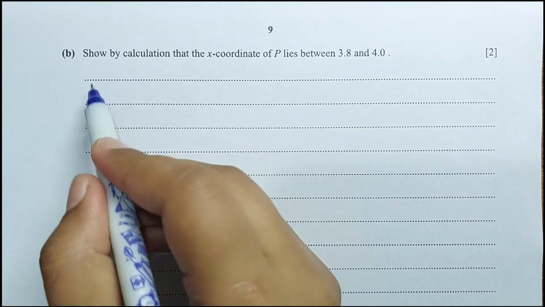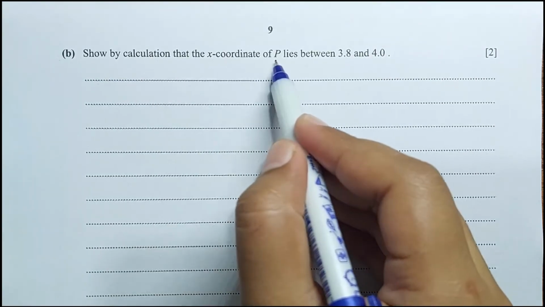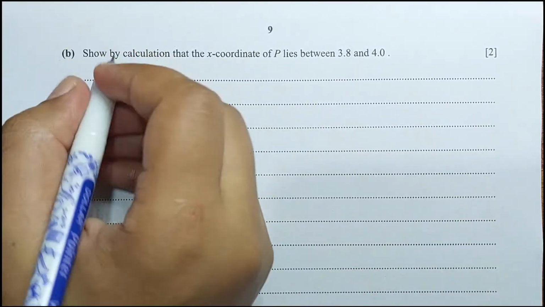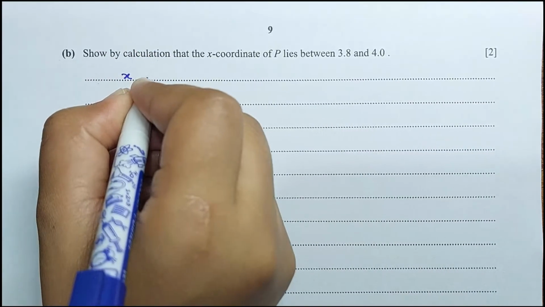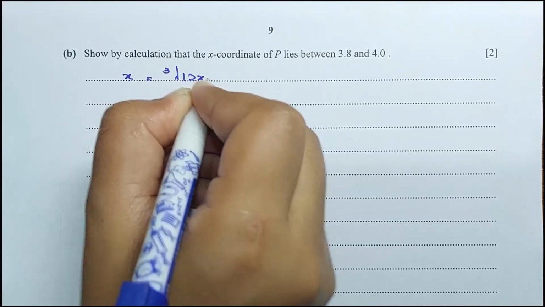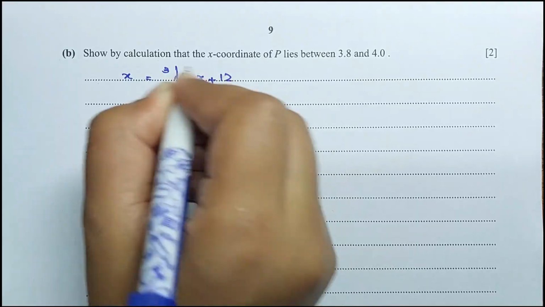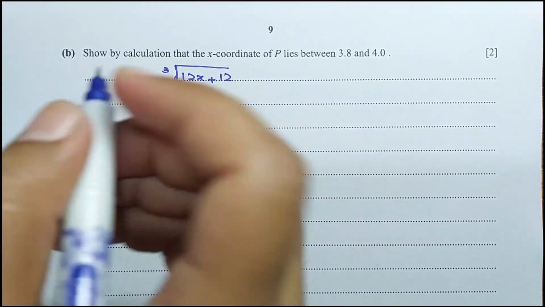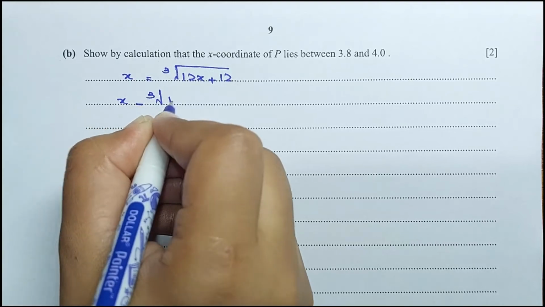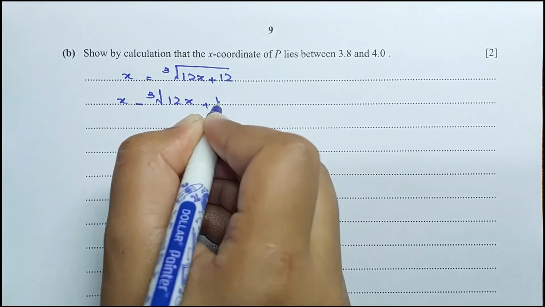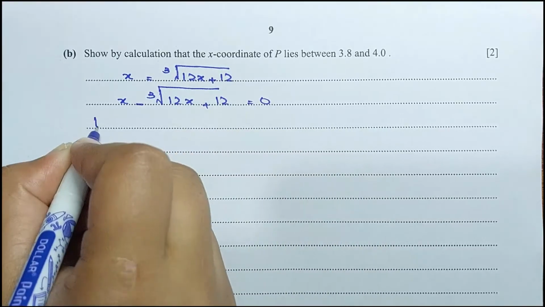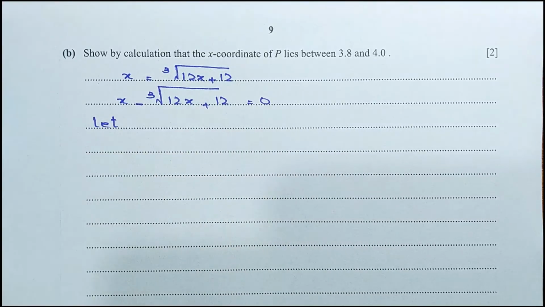Now for part B, show by calculation that the x coordinate of P lies between 3.8 and 4.0. So what is the x coordinate of P? The x coordinate of P is x equals the cube root of 12x plus 12. We have x minus the cube root of 12x plus 12, put this equal to 0, and let this be f of x.